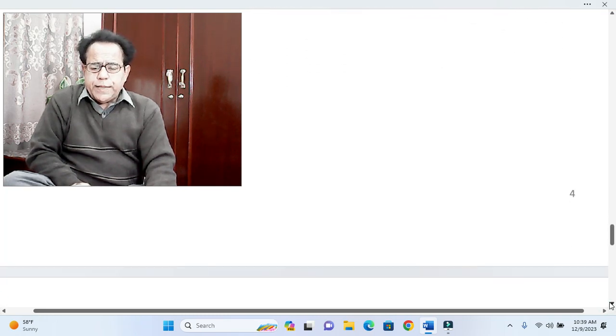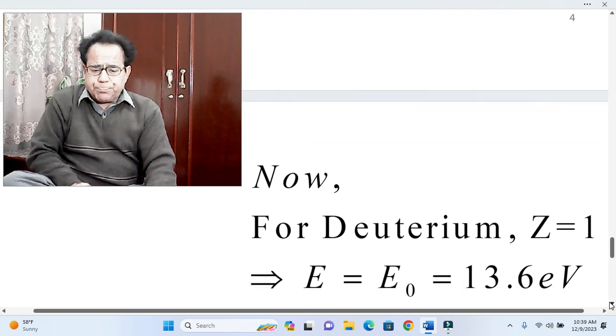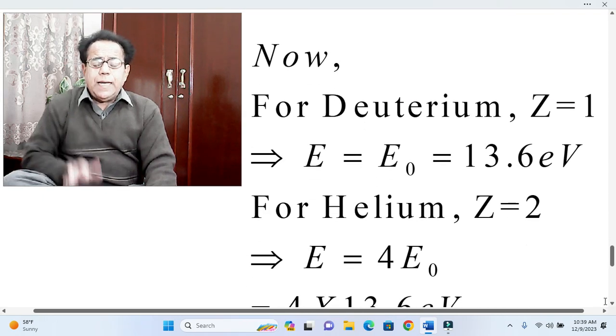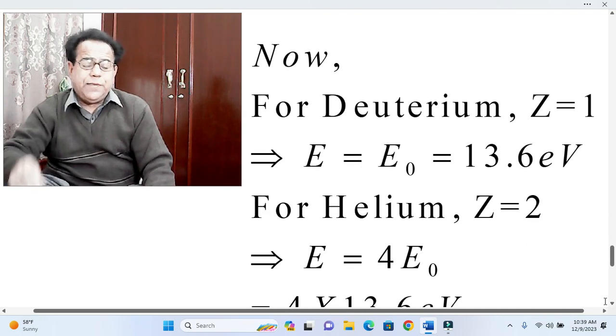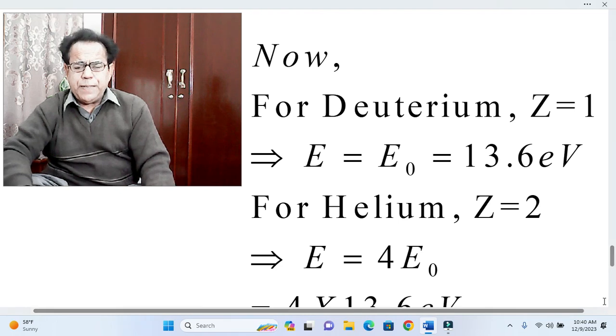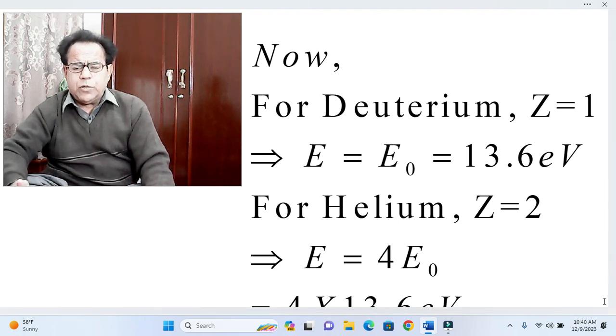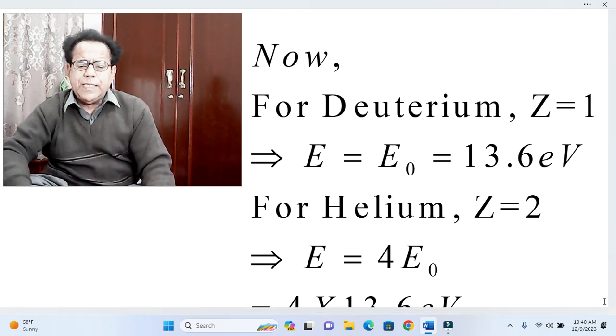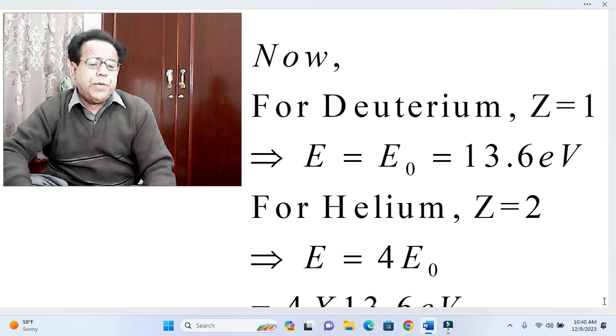Now dear students, we have already made it very clear that deuterium, which is basically an isotope of hydrogen, has atomic number Z equal to 1. Similarly, helium has atomic number Z equal to 2, while beryllium has atomic number Z equal to 4.